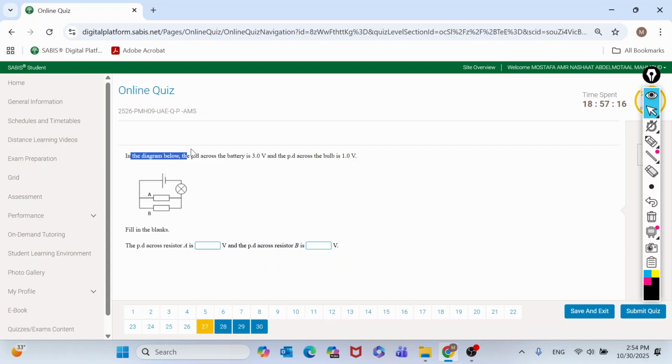In the diagram below, the potential difference across the battery is 3 volts and the potential difference across the bulb is 1 volt. Okay guys, look. The potential difference coming out of the battery is spread across the circuit. Here you have 3 volts, and here we have 1 volt. So it's 3 minus 1, which gives 2.